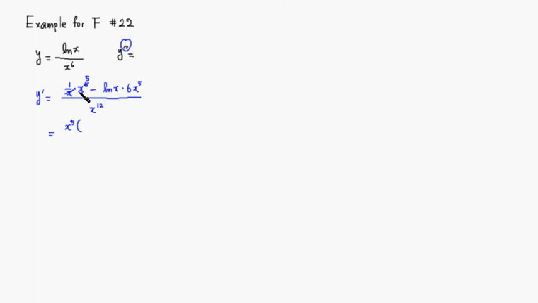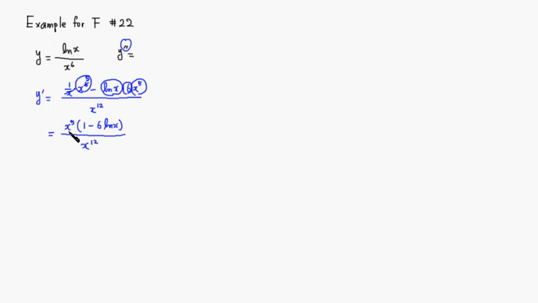You have 1 left from the first term, and if you pull that out, you get minus 6 and the natural log of x, divided by x to the 12th power.